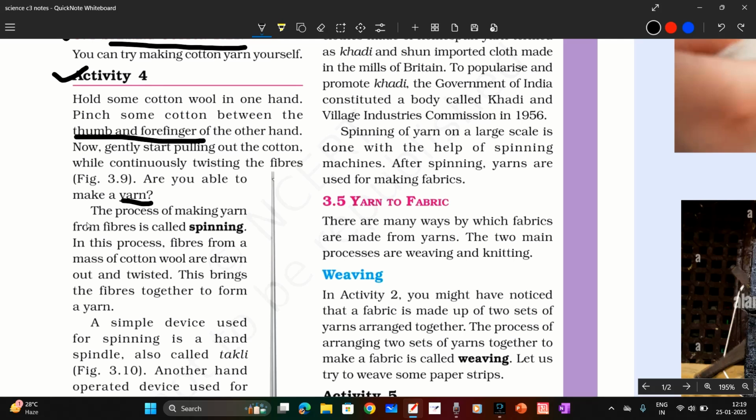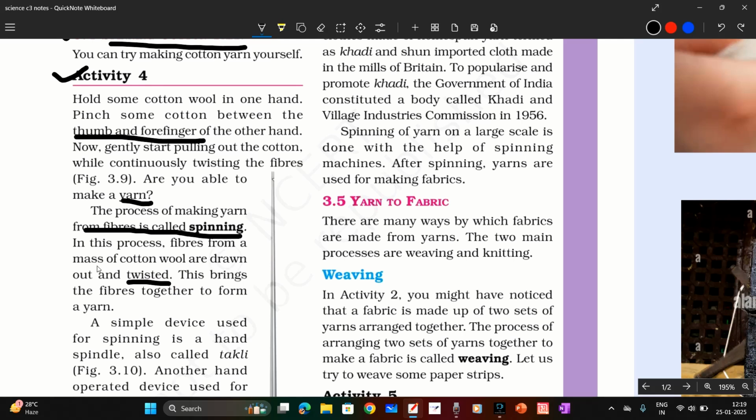The process of making yarn from fibres is called spinning. We call this process spinning. In this process, fibres from a mass of cotton wool are drawn out and twisted.